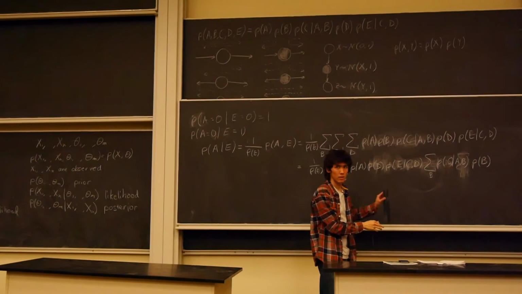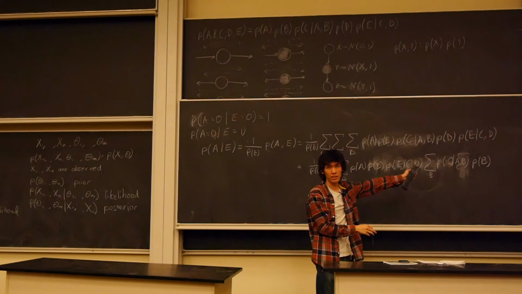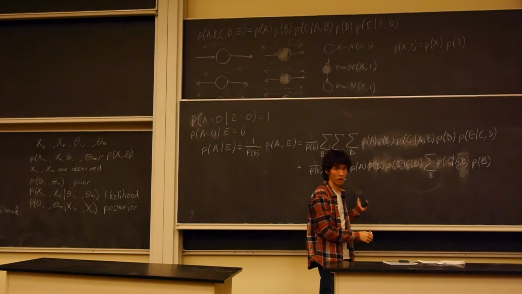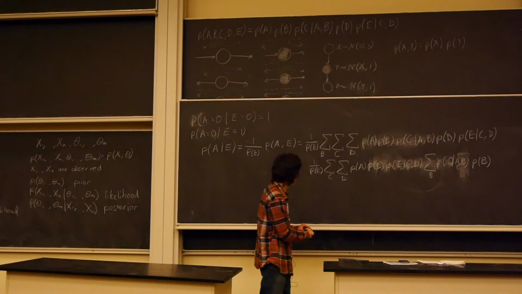Okay. Does everyone see why I had to do that? It's because there was still a B inside the C term. So there is no way I could have just brought it outside, right?